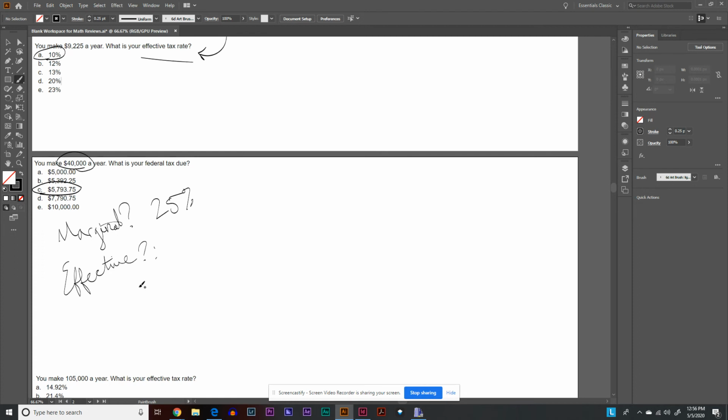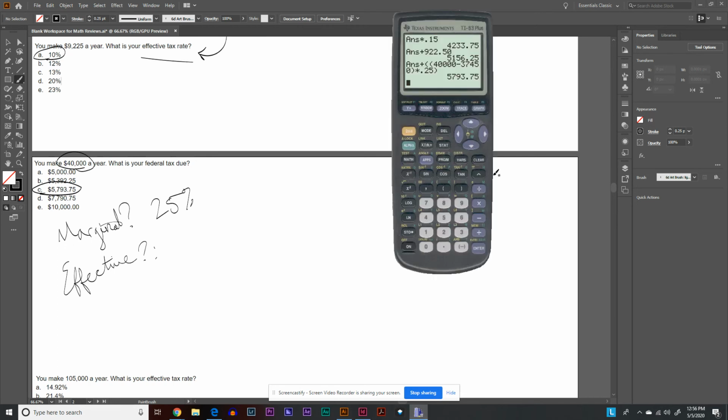Well, the effective tax rate is simply going to be the amount of taxes that we paid divided by our income. And for this particular problem, we didn't add in things like the standard deduction, or the personal exemptions or anything like that. So we're just calling this our total income, and I'm just going to divide the amount that I owe in taxes by our total income, right?